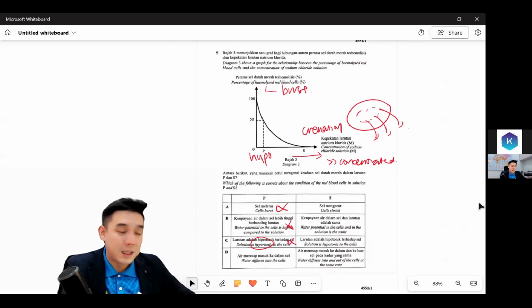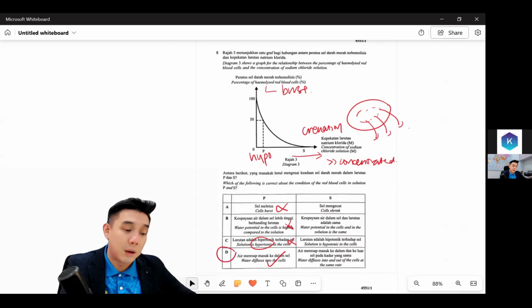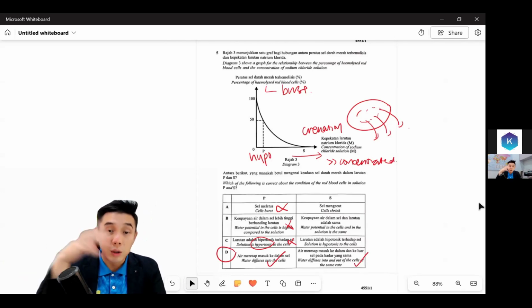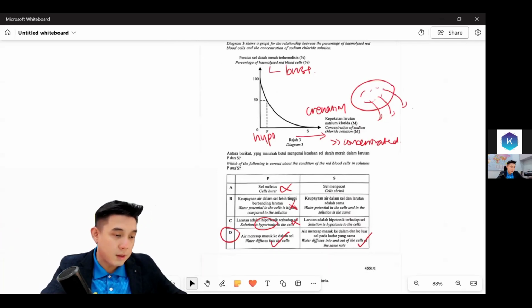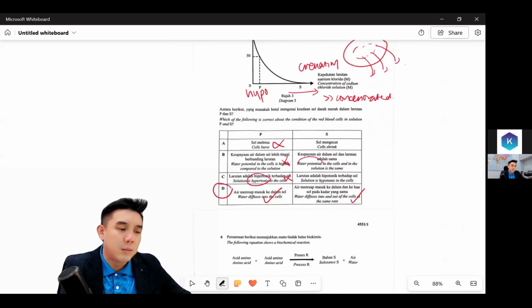And water diffuses into the cell is correct. That's why it bursts, guys. So the answer is D. Because the other one, at one point, water moves in and out at the same rate. In fact, we seldom use the term water potential for red blood cells. Not often. This is the first time I'm seeing it here.